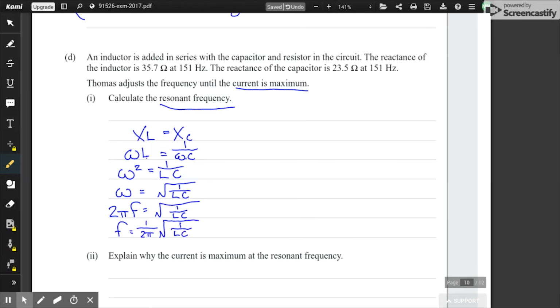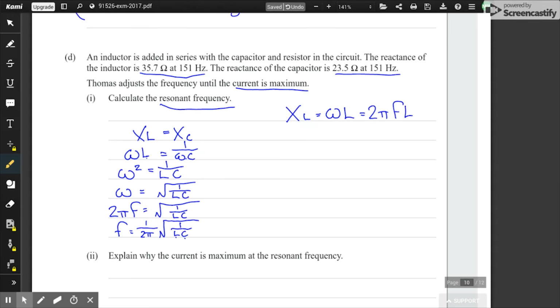Okay, the problem here is that I need my inductance and I need my capacitance. Luckily, we're given the information right here that we need to work either out. So our equations that we just substituted can be used to find our capacitance and our inductance. We'll start with our inductance. So we know that XL is equal to omega L, or 2 pi fL.